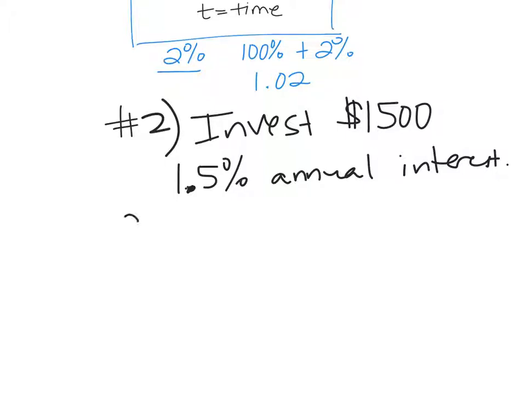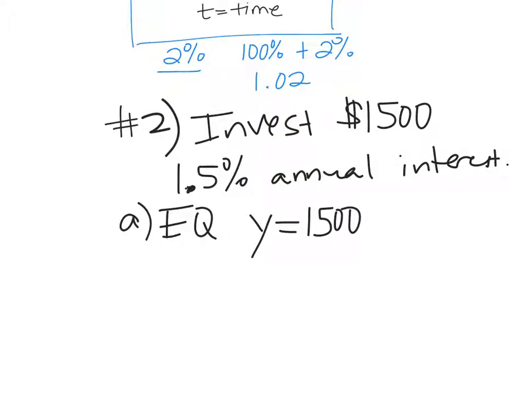So here's some questions. First one, we're going to first write an equation that describes the situation in terms of y and t. Okay? So here we go. Y equals your initial amount, which is $1,500. And then this gets a little tricky in here. It's going to be 1 plus r. Now, r is a percentage.